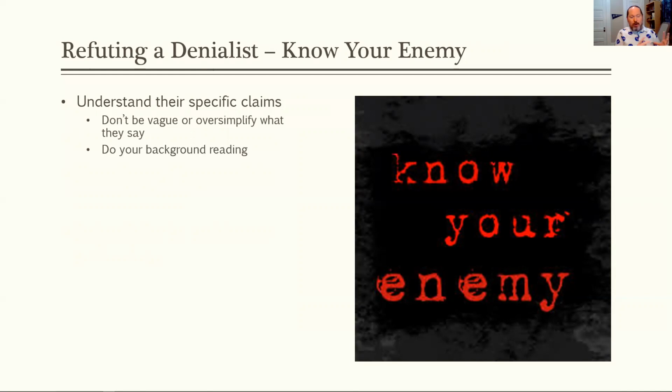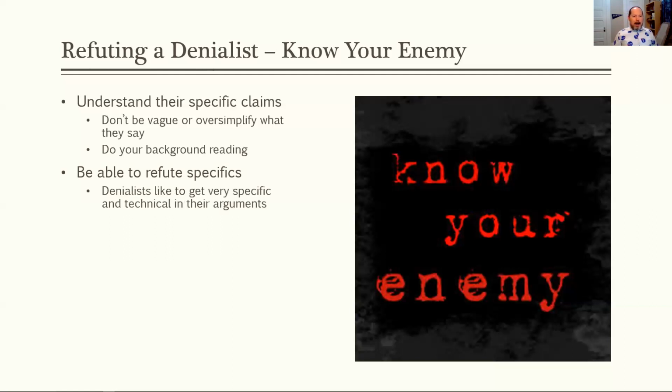And if you're trying to argue against them, you want to depict them correctly. You don't want to fall into logical fallacies yourself, like oversimplifying what they say, which would be the straw man fallacy, or ad hominem attacks, where you just attack the person, say how stupid they are or something like that, right? So you need to be able to refute the very specific things that they actually say.